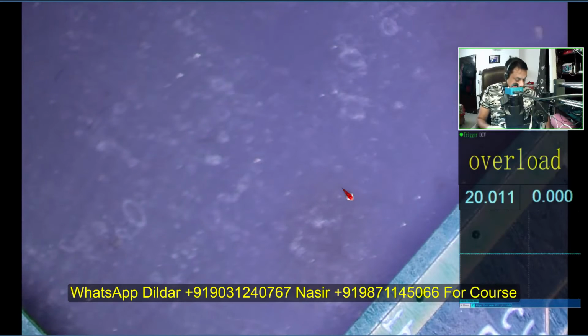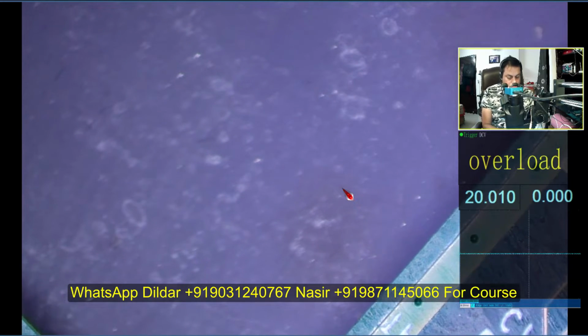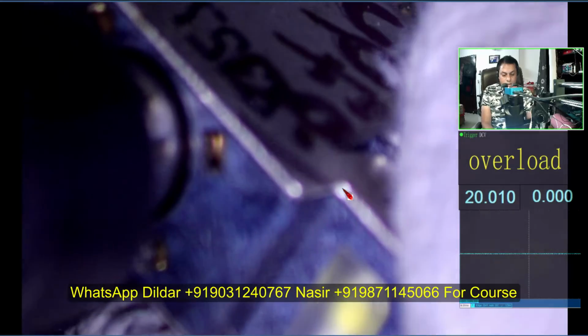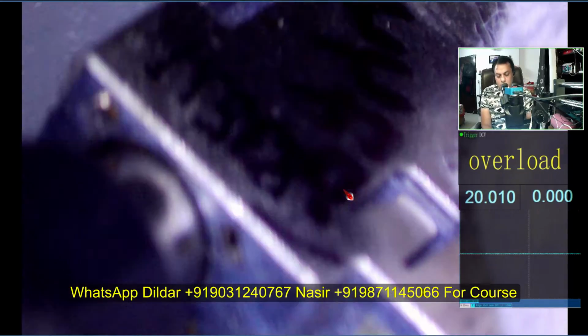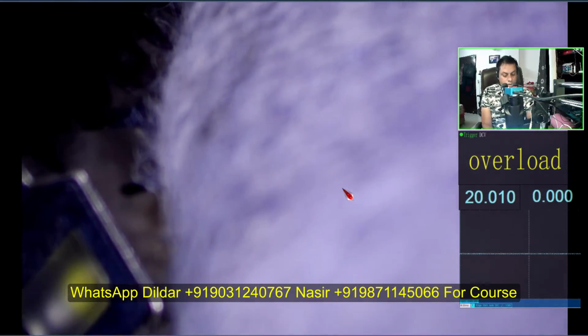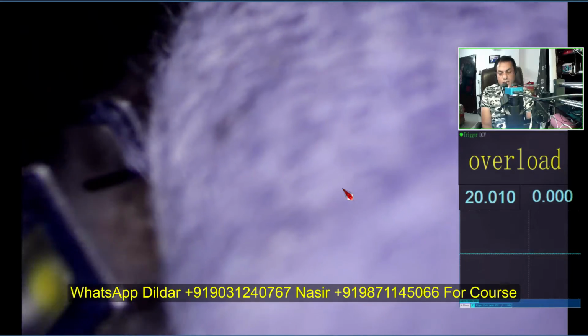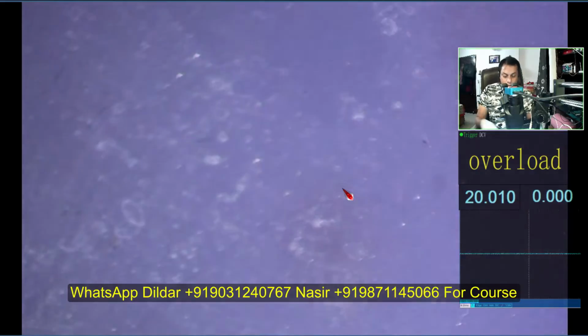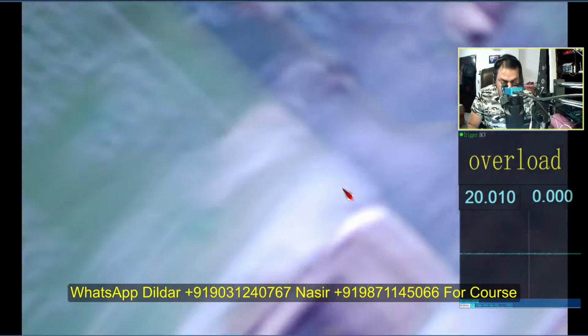Now I have removed the bad capacitor, and I still have the same problem. Okay, the light is blinking. Now once again I have to check this area.